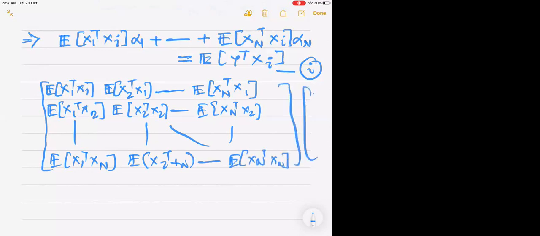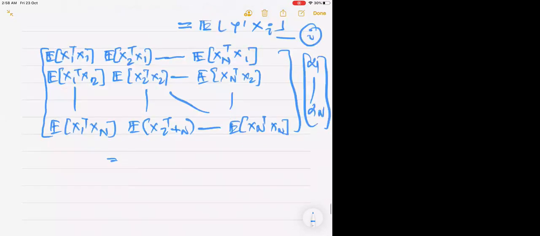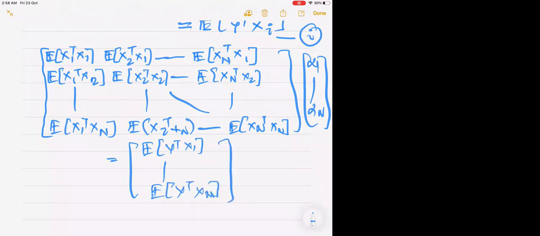This multiplying alpha 1 up to alpha n must be equal to the vector obtained by expectation of y transpose x1, dot dot dot up to expectation of y transpose xn. Yeah, is it all right?